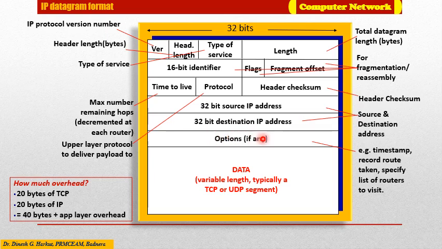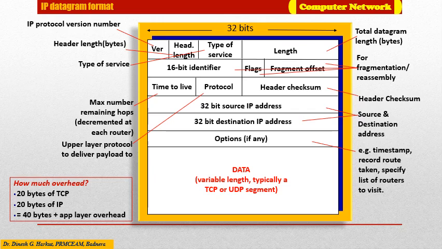One thing to be noted here: the IP datagram has a total of 20 bytes of header, assuming no options field. If the datagram carries a TCP segment, then each non-fragmented datagram carries a total of 40 bytes of header, 20 bytes from TCP and 20 bytes from the IP fields, without options.